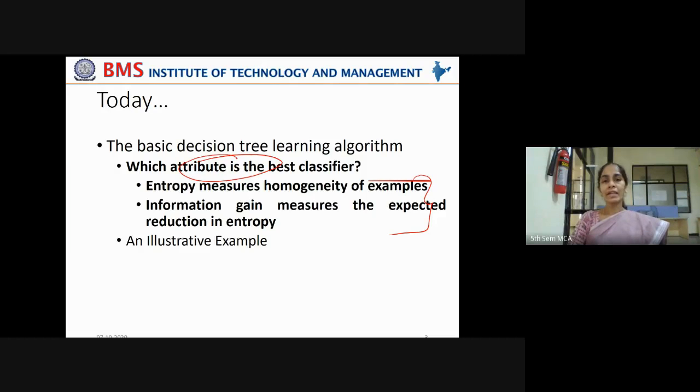And in the next session, we'll see that with an illustrative example. So just pay attention to today's concept. It is somewhat theoretical, with some examples still. And if you have any doubt in this, it can be understood in your next session by going through a very clear example.